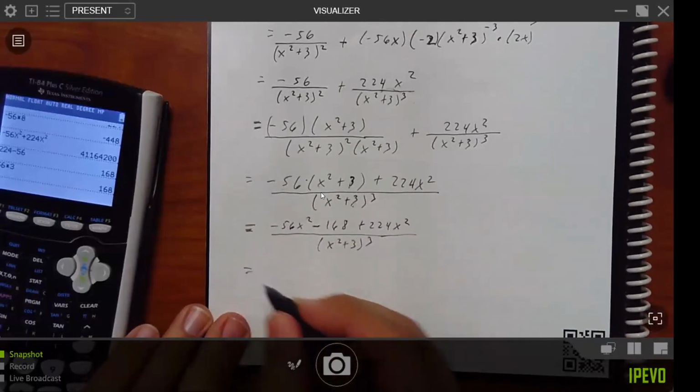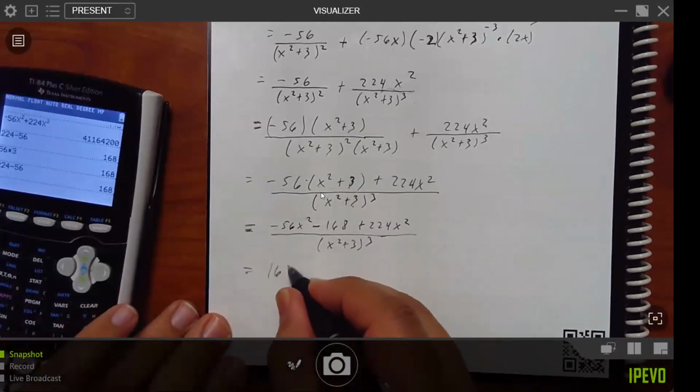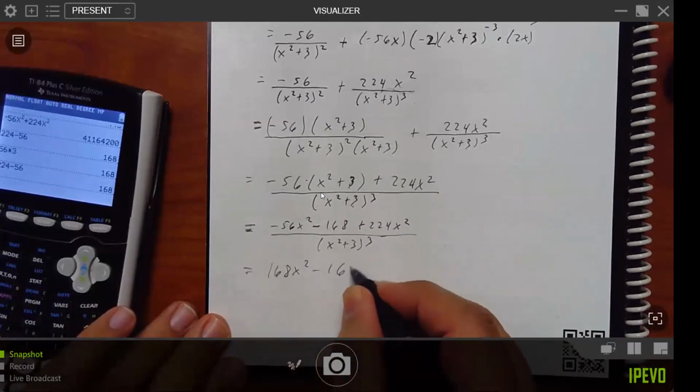Okay. So 224 minus 56. That'll be 168x squared minus 168.